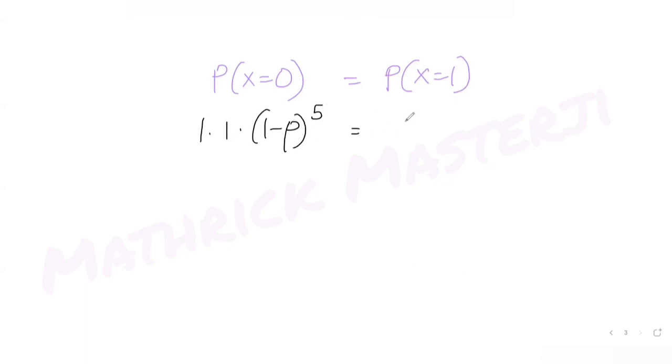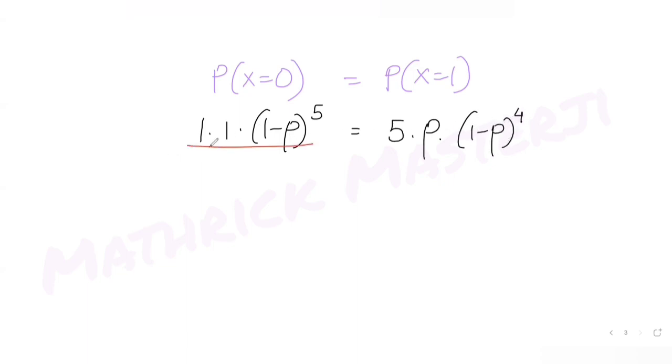Now you have been told that the probability at x equals 0 and the probability at x equals 1 are equal to each other. So I can equate both of them as 1 into 1 into (1 minus p)^5 is equal to 5 into p into (1 minus p)^4.